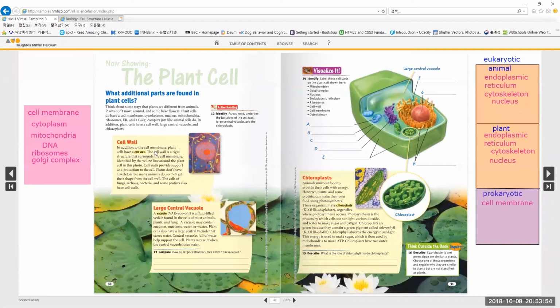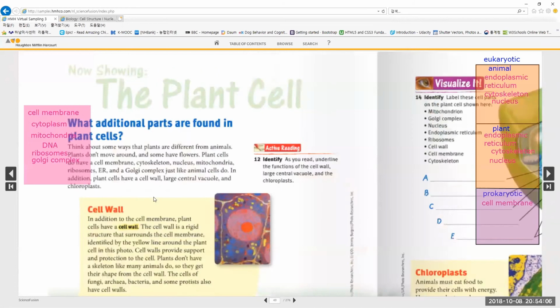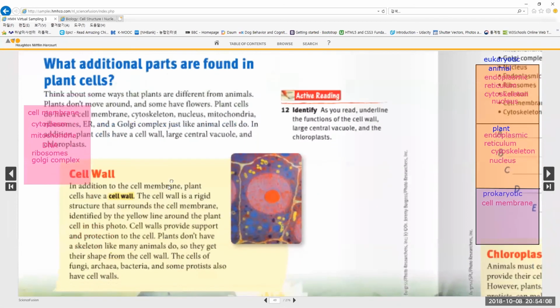What additional parts are found in plant cells? Plant cells differ from animal cells, and here are some differences. Cell wall. In addition to the cell membrane, plant cells have a cell wall. The cell wall is a rigid structure that surrounds the cell membrane, identified by the yellow line around the plant cell in this photo.